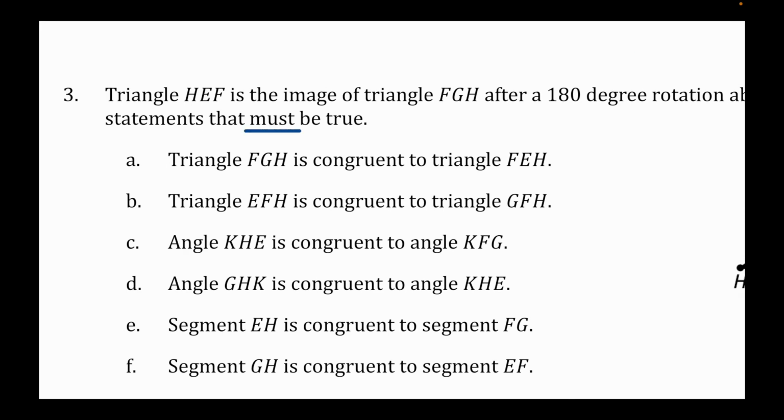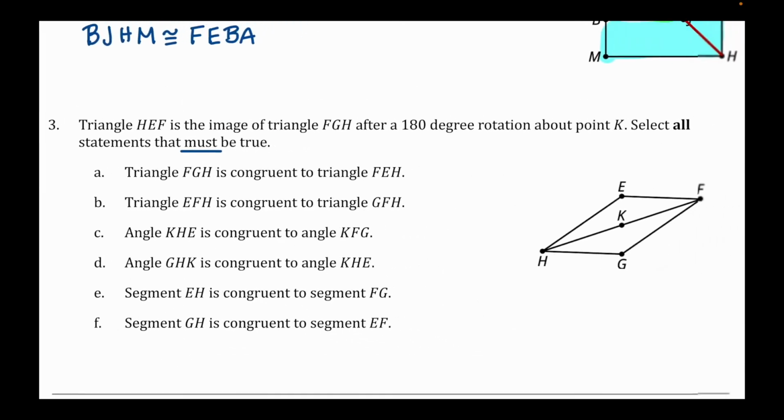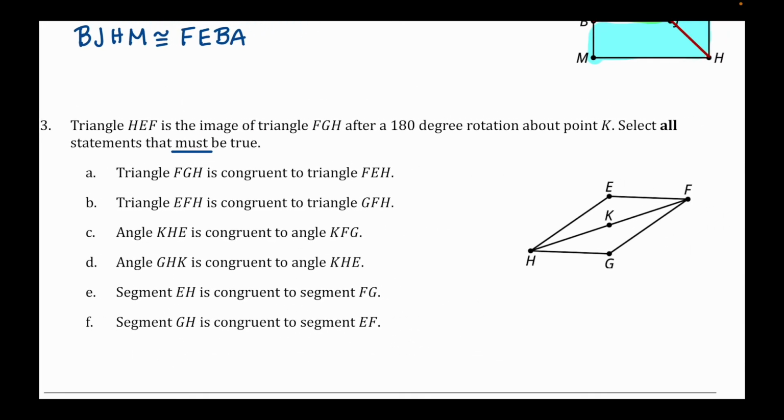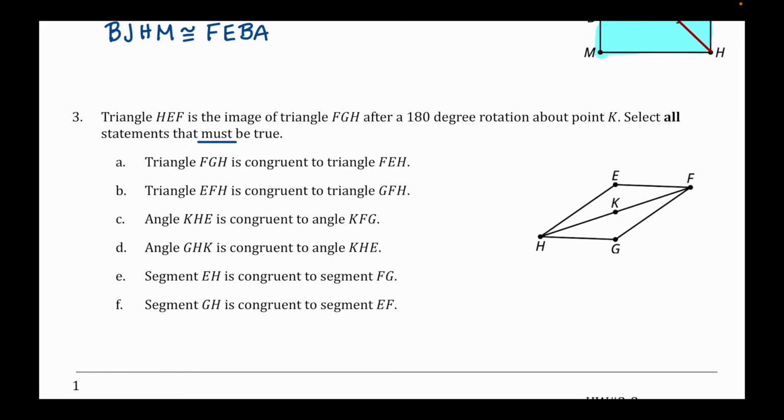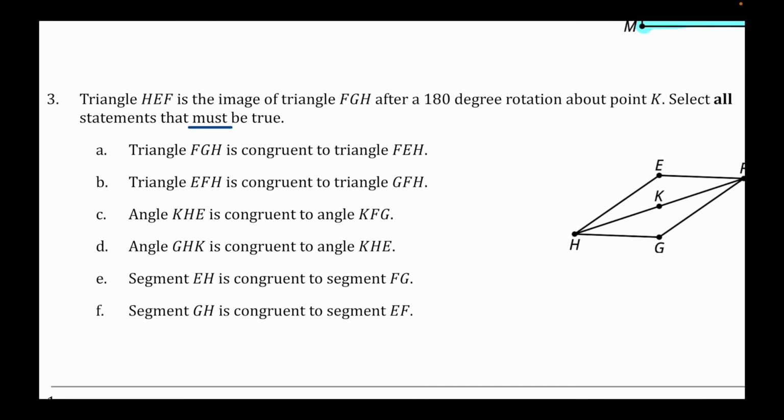This was actually part of one of our exercises in class, and we proved that this created a parallelogram when we rotated a triangle 180 degrees around the midpoint of the base side right there.